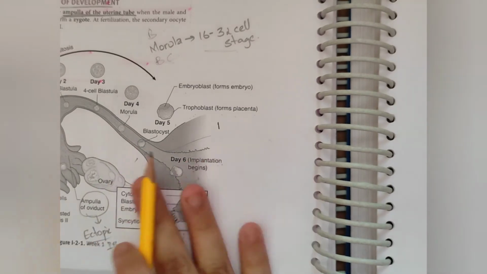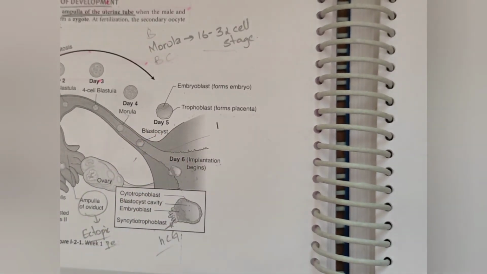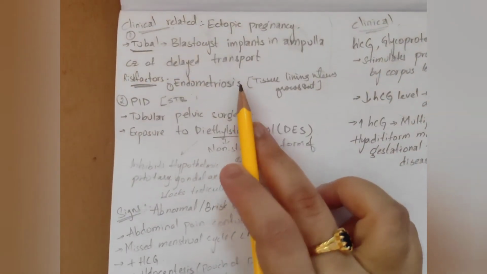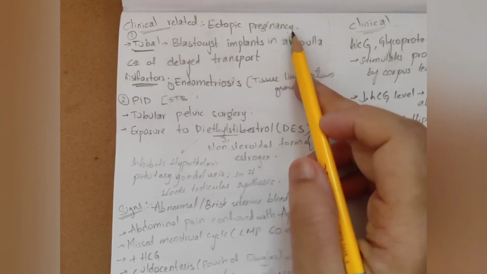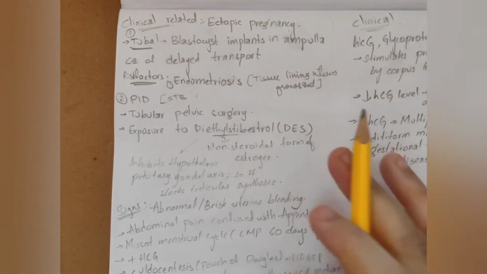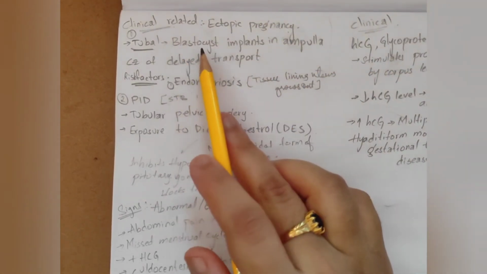Let's discuss some clinical significance related to this. The most important thing is ectopic pregnancy, which occurs in two main forms: tubal and abdominal. Tubal is the most common.